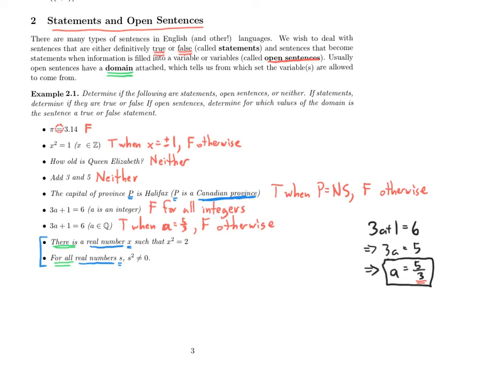So if somebody just said, there's a real number, x, such that x squared equals 2, you'd say, yeah, that's true. Square root 2 squared is 2. That's a definition of square root 2. So this is a true statement. And in fact, these terms, there is and for all, they're called quantifiers.